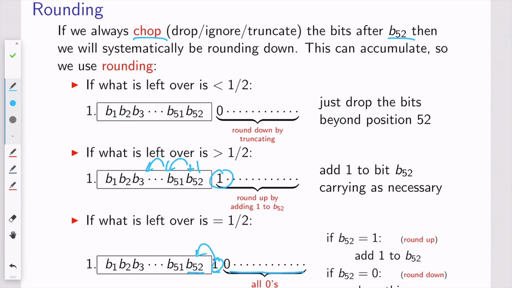And if the 52nd bit is 0, then you do nothing, right? You just chop it off so that you're basically rounding down. And it turns out those two cases are equally likely to happen. So this is a way of a computer trying to make errors that will hopefully cancel each other out while you're doing lots of calculations.